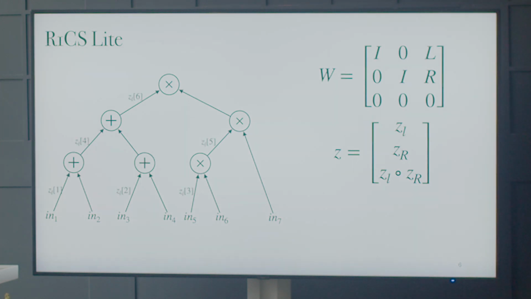ZL can be interpreted as a vector of left inputs to the gates, and ZR as right inputs to the gates. What we want to show is that WZ equals 0.